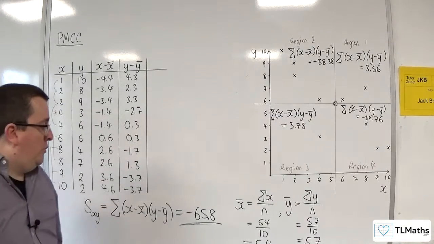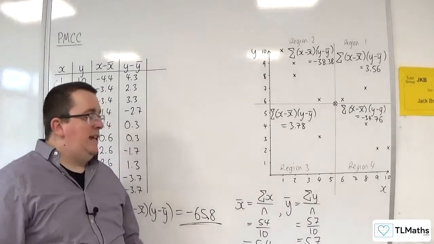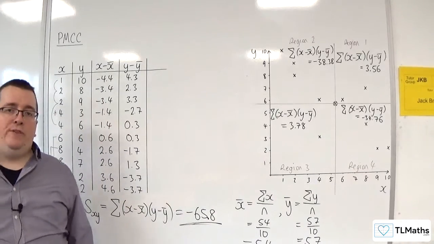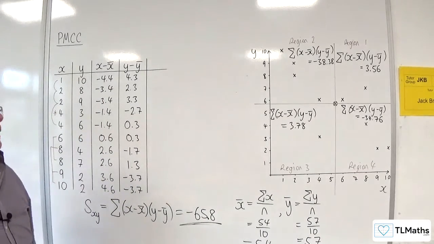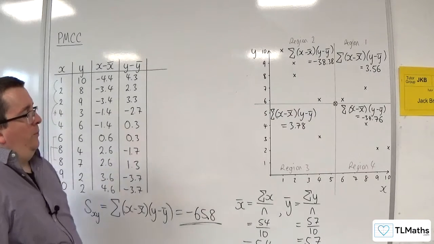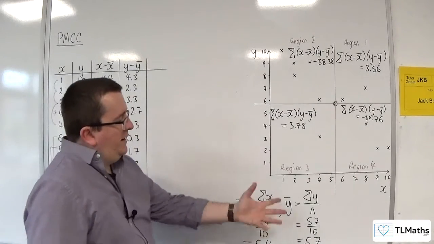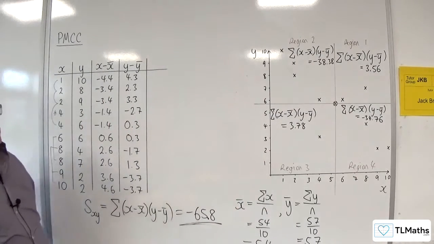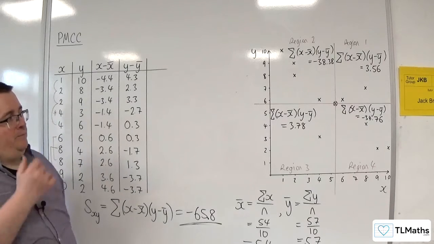The first issue is that this doesn't take into account how many bits of data there are. Now, you might be thinking, well, surely it did, because we divided through by 10, we worked out the mean that way. But think of it like this.